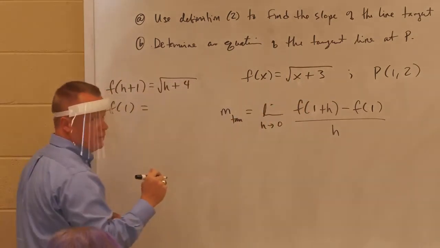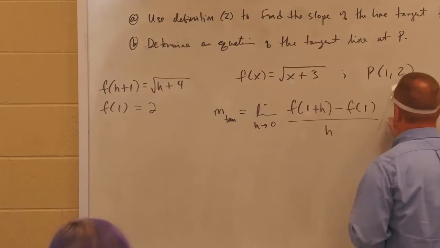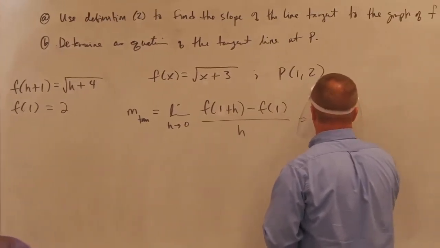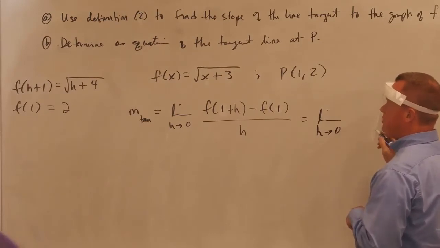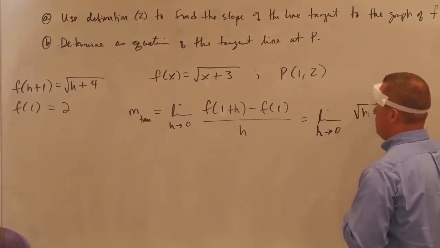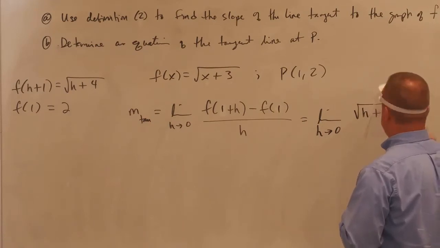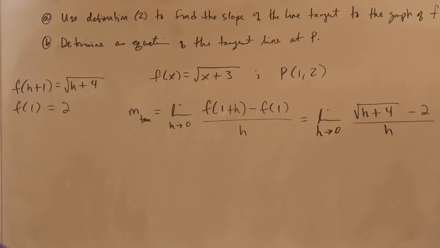Square root 4 is 2. All right? So that means I have the limit as h approaches 0. F of 1 plus h was square root of h plus 4 minus f of 1 is 2, over h.